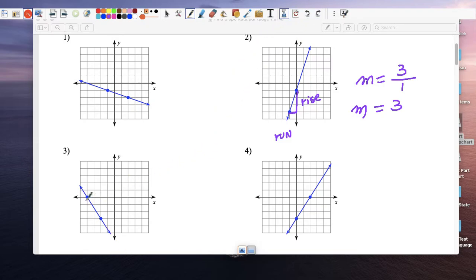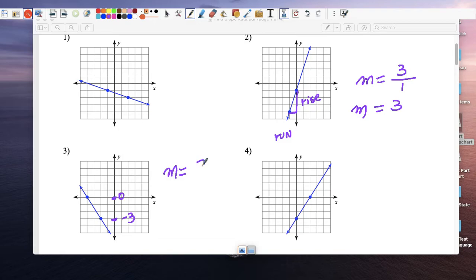What's the height of this? What's the change in y value? If you think about the y value for this coordinate here, it is -3, and the y value here is 0. What's the difference between those two values?